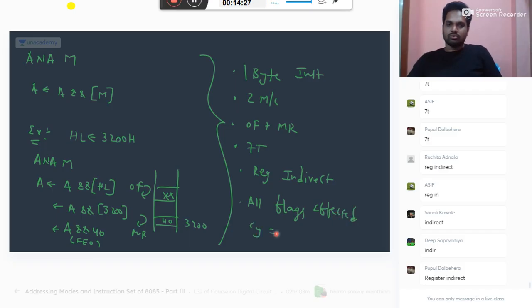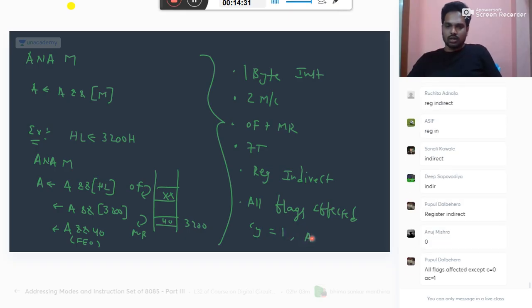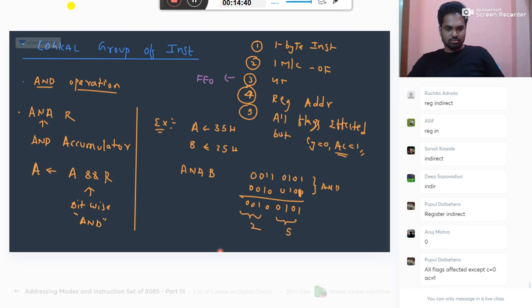There is no meaning for carry and auxiliary carry in this or any logical operation; any logical operation will not give you any carry. That's why carry will always be 0. Here auxiliary carry is made 1 to indicate, supposing you want to set the auxiliary carry, you can use this instruction. It is of no use for us actually. It is made by the manufacturer.